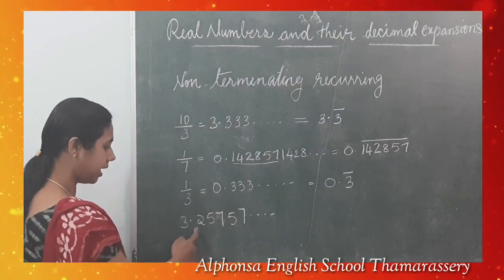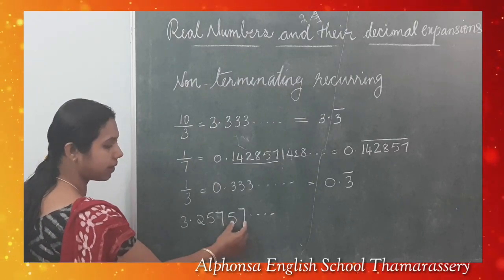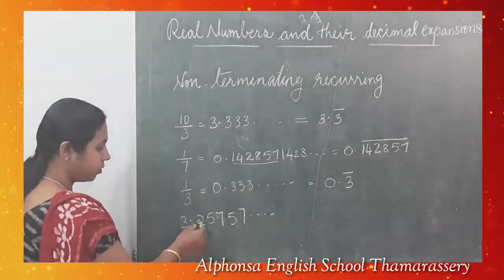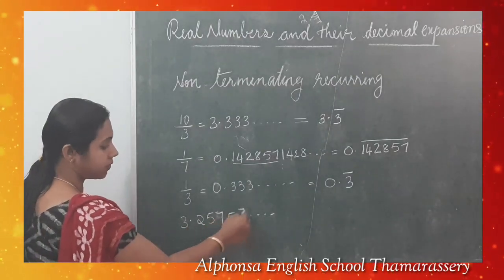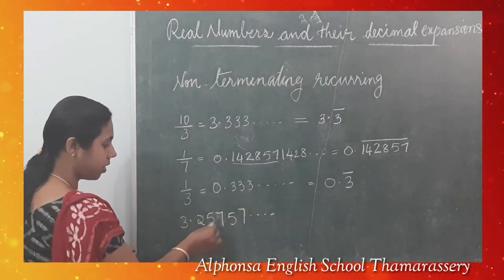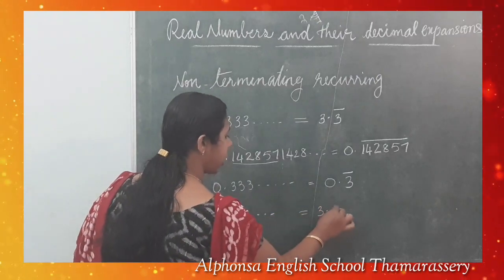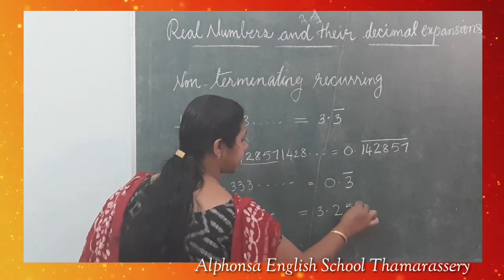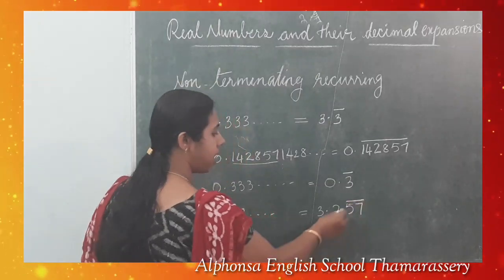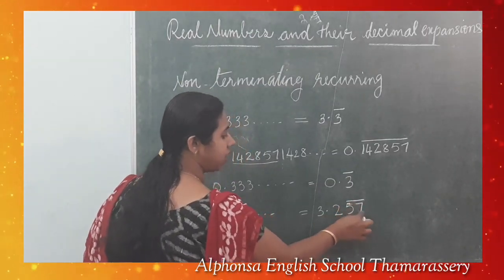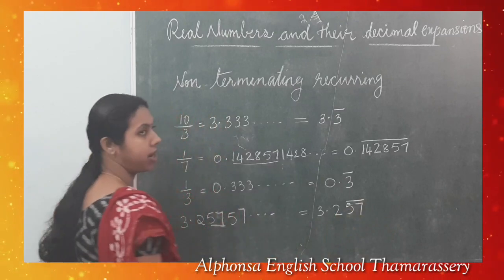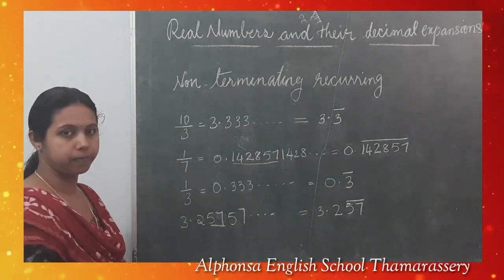Here you can see that only 2 digits are repeating. 2, then 5757 is repeating. Only 2 digits repeating. So we can write it as 3.257 bar. The bar is only for the 5 and 7 because only those 2 digits are repeating.